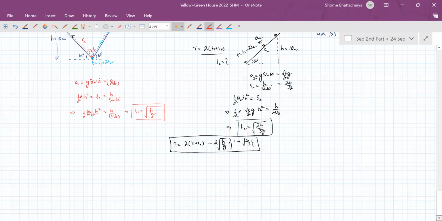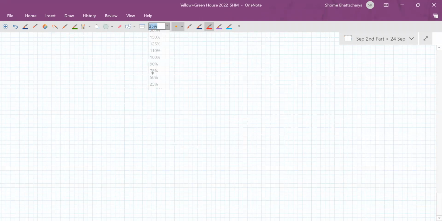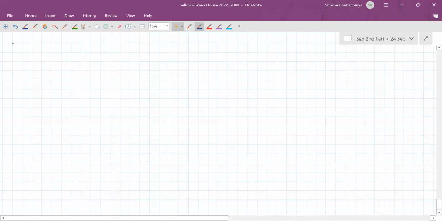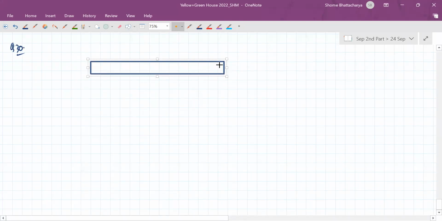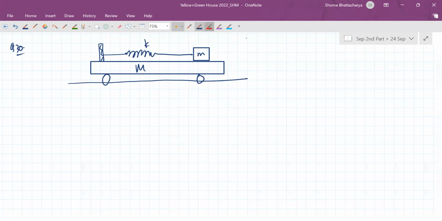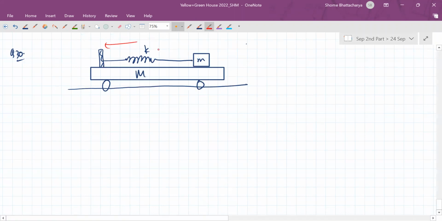Now question 30 you'll realize is the same as that question only, because in question 30 indirectly the same thing is happening. We have this platform with a block of certain mass, and a spring of certain constant K. This is having mass capital M, this is having mass small m. Now see that suppose at this point of time it was having some compression.